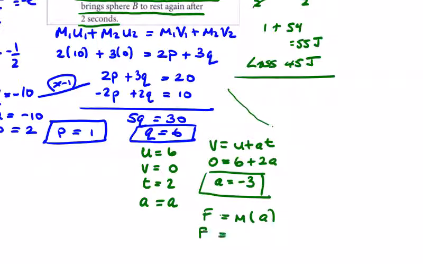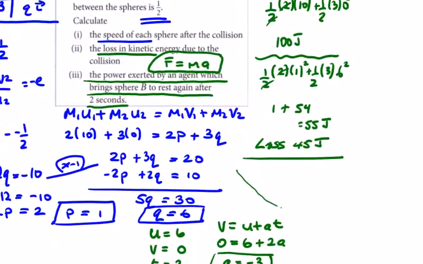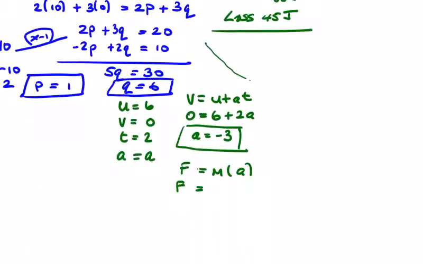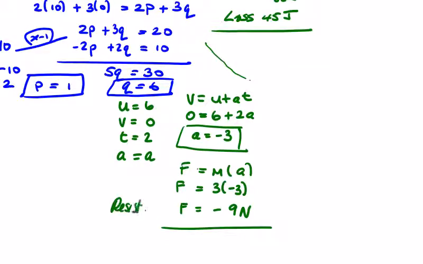So the force at play in bringing it to rest is going to be its mass. Just remind myself what its mass was. 3. Mass was 3 by minus 3. So that's going to be a force of minus 9 newtons, or a resistance force, if you want to call it a resistance force. Just going to bring it to rest.